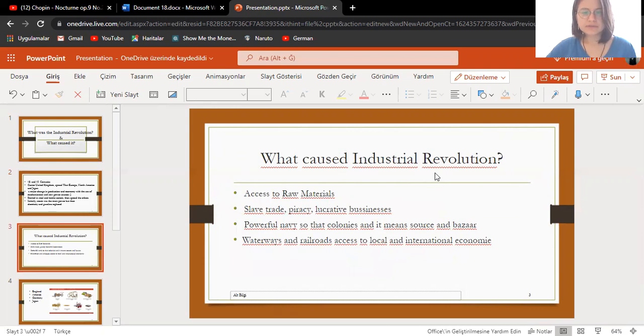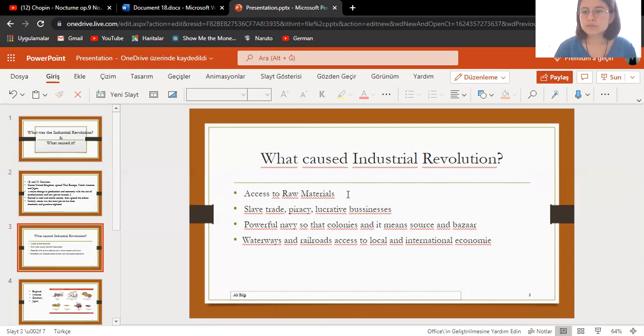What caused the Industrial Revolution? Many different factors contributed to its rise, but I think we can say maybe the first reason or the biggest reason could be colonialism. I don't know if I should say that, but thanks to colonialism, Britain could access the raw materials.